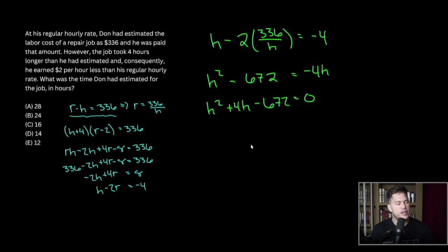So factoring this seems a little bit hard as I don't know my factors of 672 off the top of my head. However, I do know that 25 squared is 625, so we're going to be in the 20s. Also, just by using my answer choices, I'm going to expect 28 or 24 to be a factor.